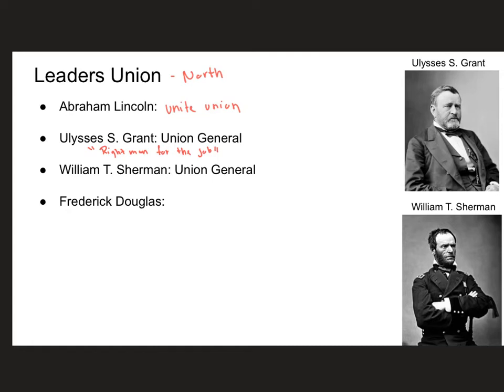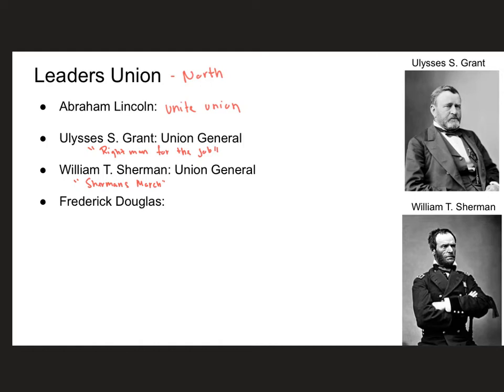And then we have William T. Sherman, who was known for Sherman's March. He actually burned everything from Savannah to Atlanta when he marched through Georgia towards the end of the war, and completely decimated parts of Georgia by burning it to the ground.